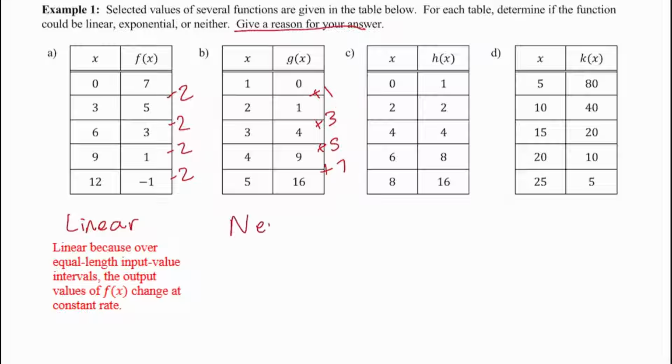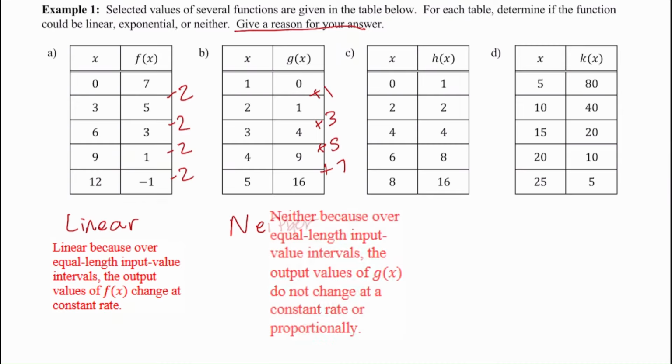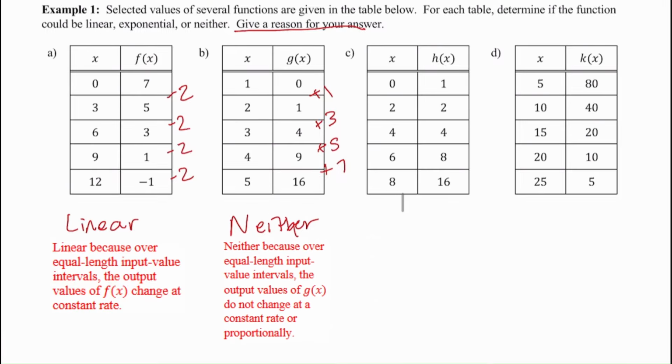And like we said earlier, when it's neither, the answers are similar, but you give a different reason at the end, saying the output values are not changing at a constant rate or changing proportionally.